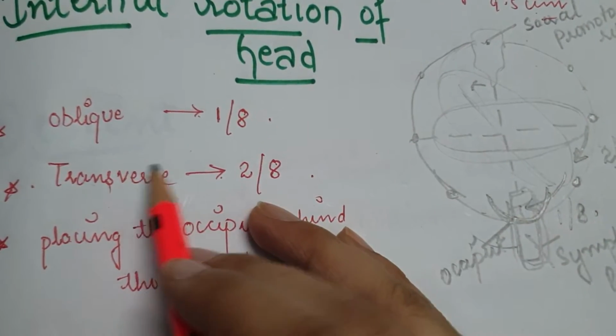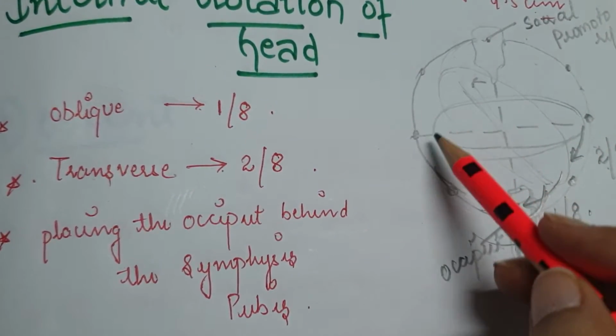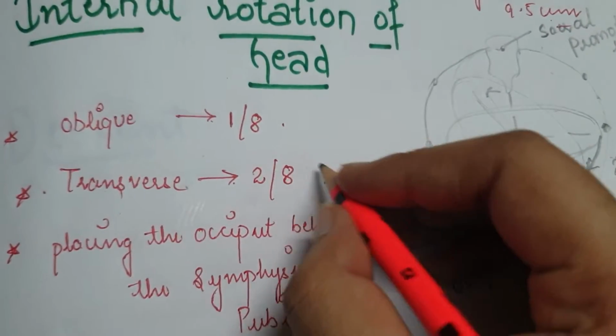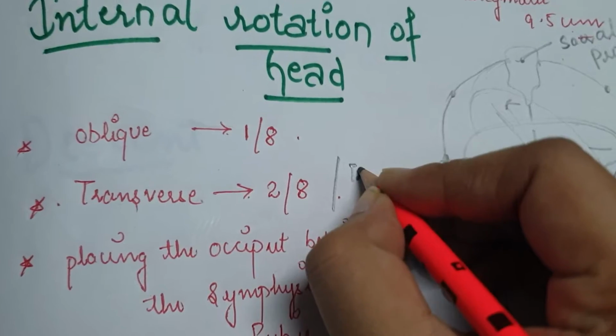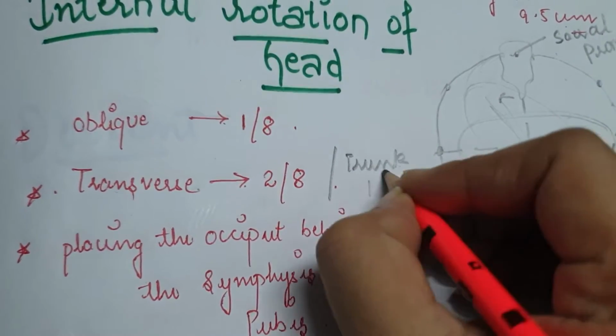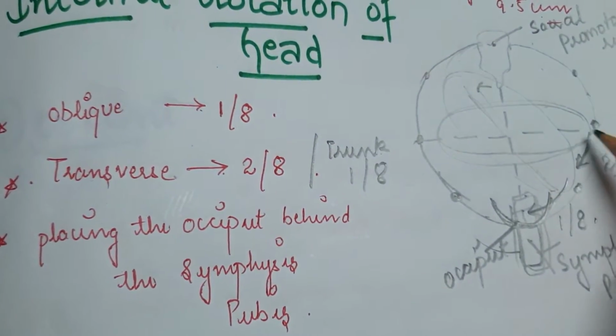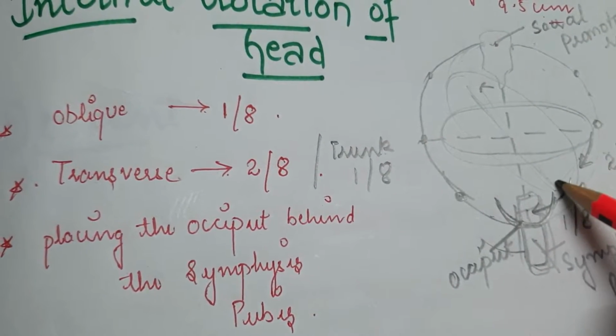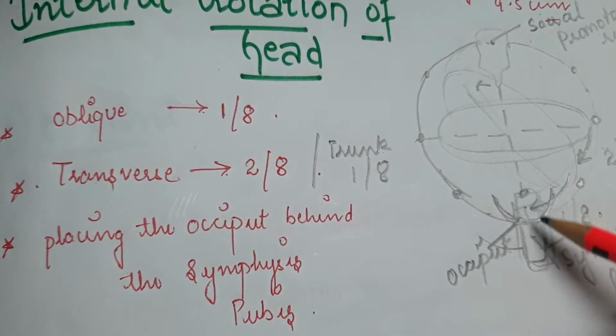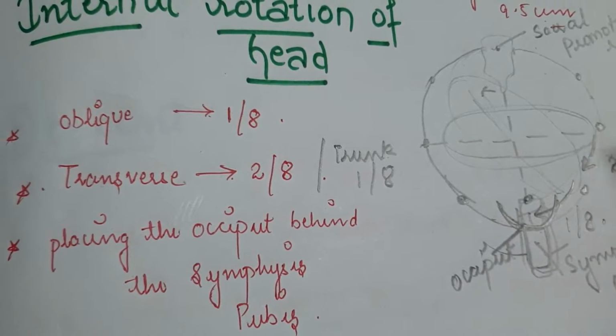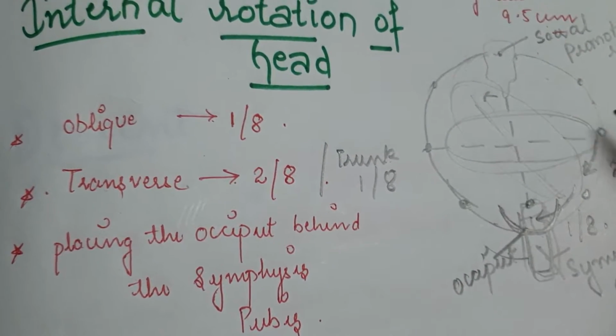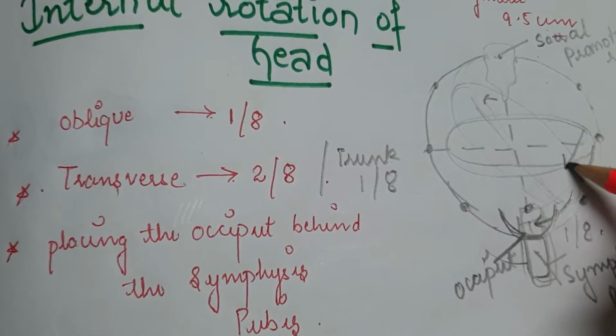So in the case of transverse position of a head, the trunk just moves 1/8 of the circle. Like the head moves 2/8 of the circle, the occiput comes behind the symphysis pubis, while the shoulders or the trunk moves 1/8 of the circle.